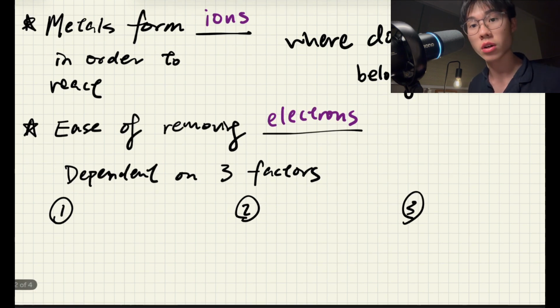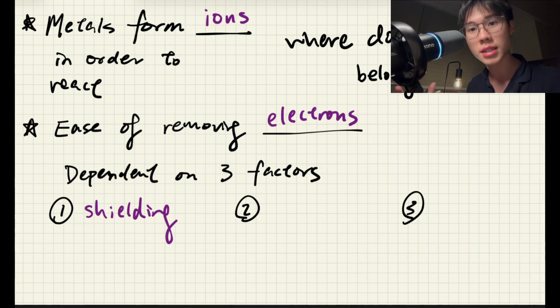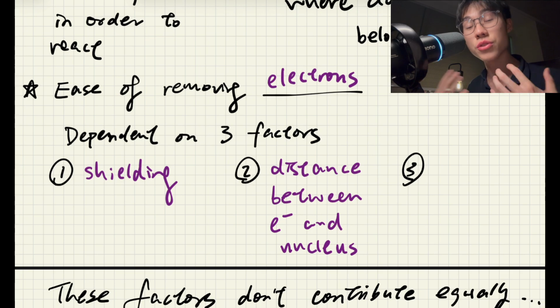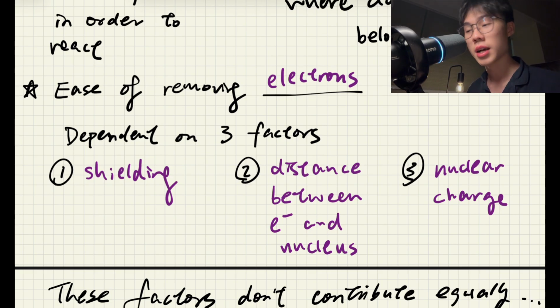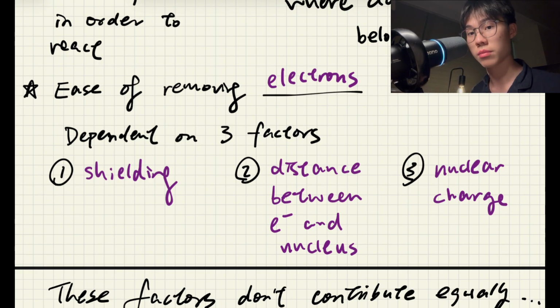The first one is something called shielding. The second one is the distance between the electron and the nucleus. The third one is the nuclear charge of the nucleus. So let me go through them one by one. Shielding is when the effective nuclear charge experienced by the outermost electrons is reduced because some of the nuclear attraction is, quote unquote, absorbed by the inner electrons, meaning the outer electrons experience less of the attraction from the nucleus.